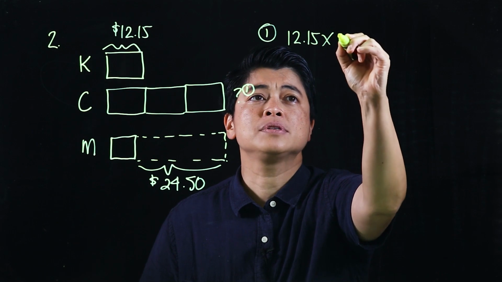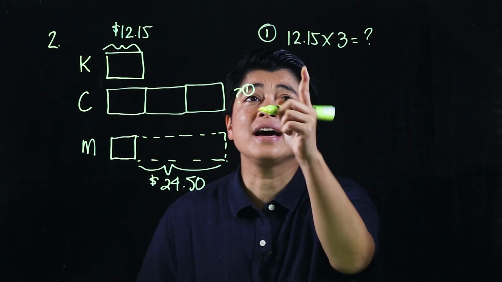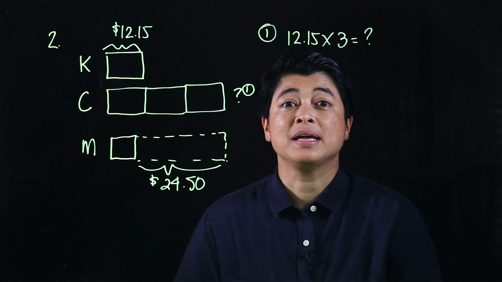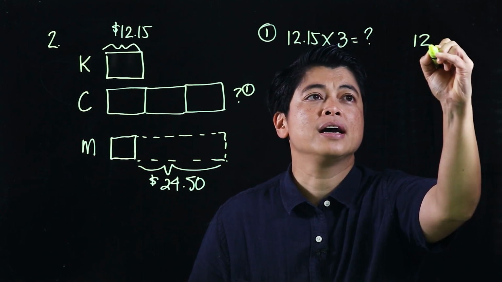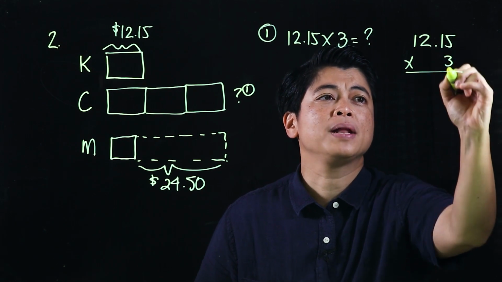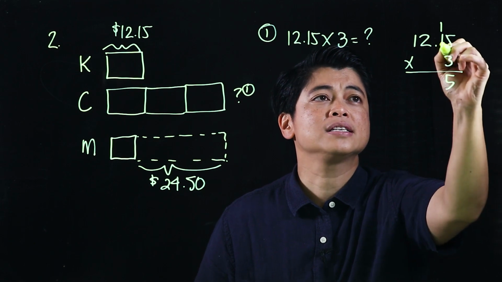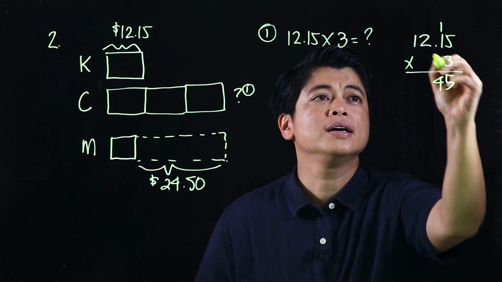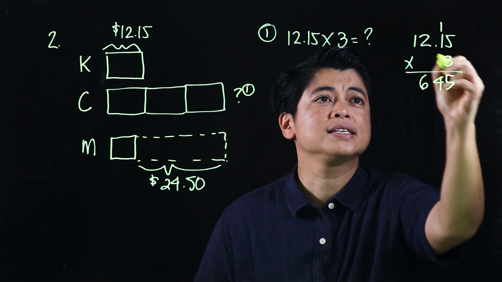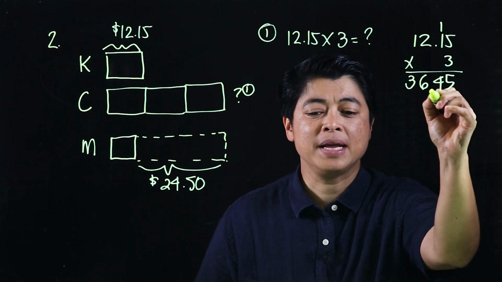Step 1 should be 12.15 times 3 equals question mark. Since I can't multiply that mentally, I'll write it down as 12.15 times 3. Multiply 5, carry 1. So this is 3 plus 1 is 4. This is 6, and that will be 3. And that's 2 decimal places.